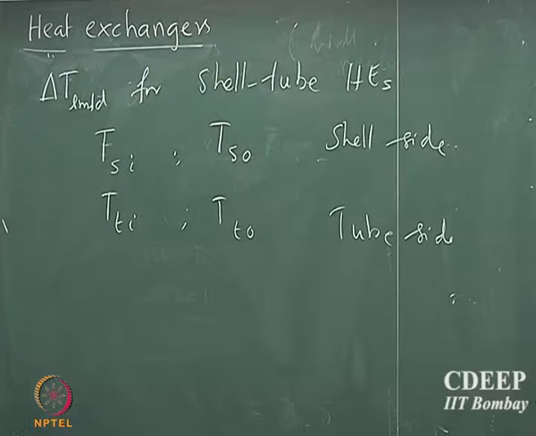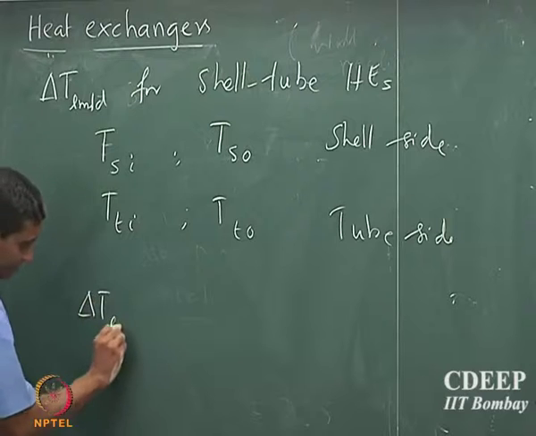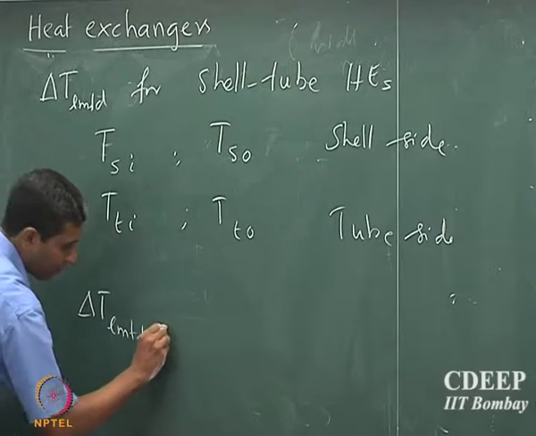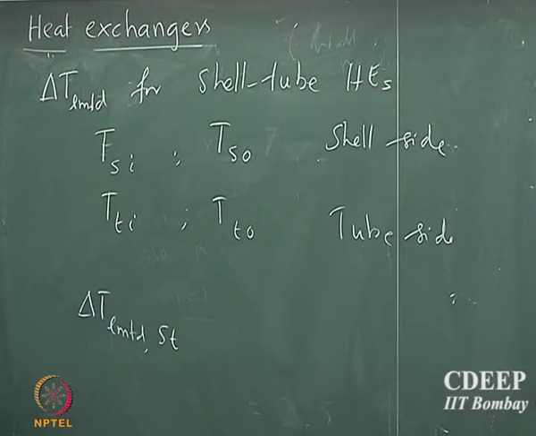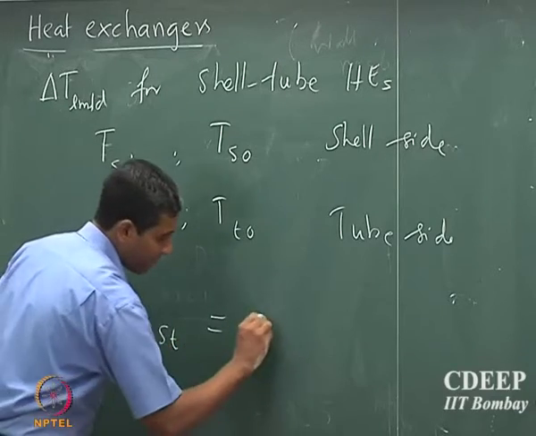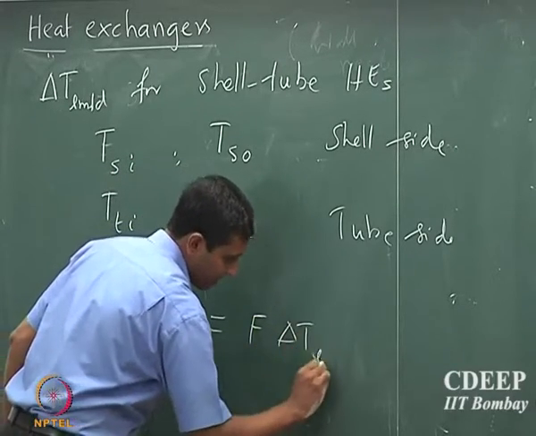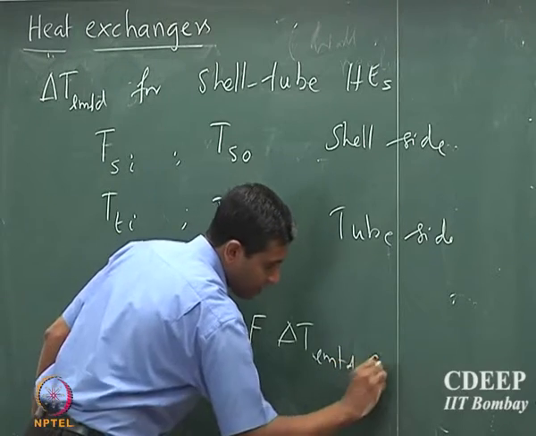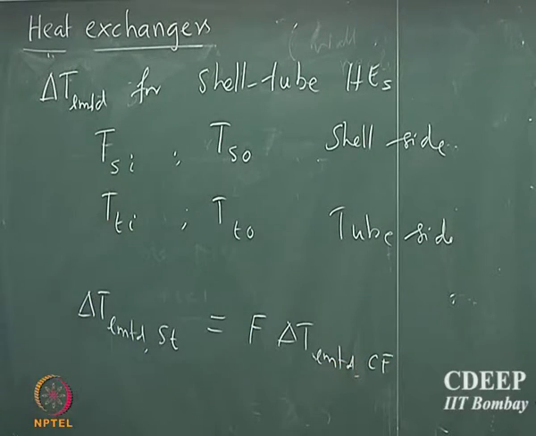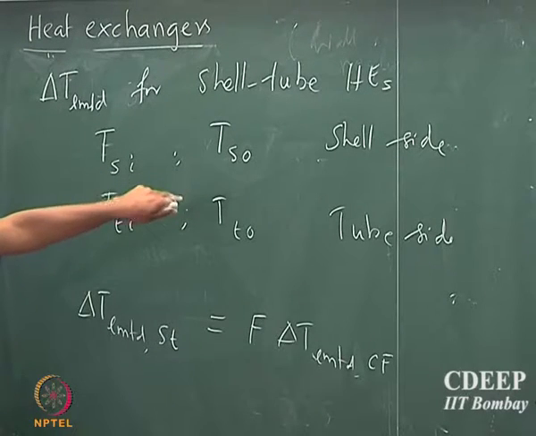Now it turns out that the delta T LMTD for a shell and tube heat exchanger is some fraction of the delta T LMTD for counter flow, at exactly the same temperatures.